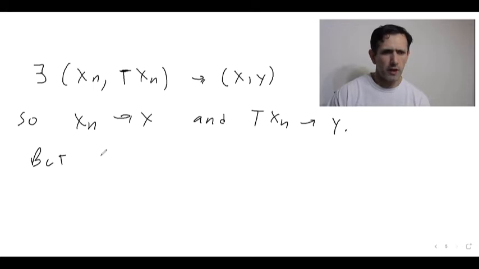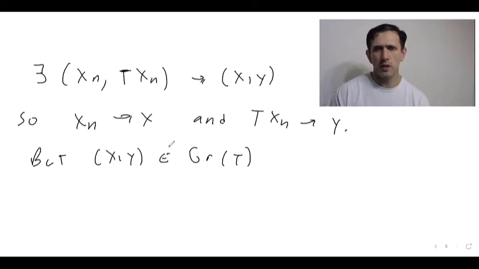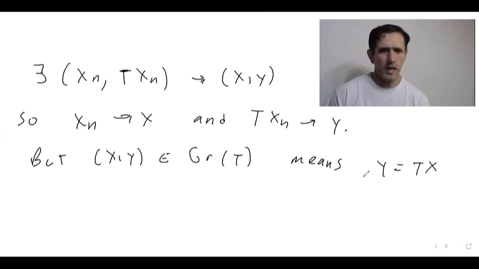If the graph of T is closed, then the closure is the graph. So (x, y) is also in the graph, which means y equals T x.